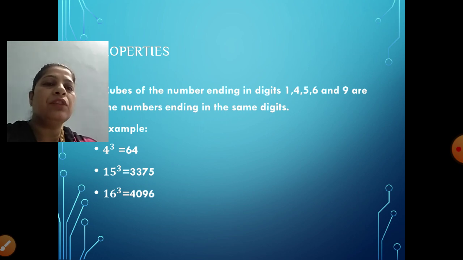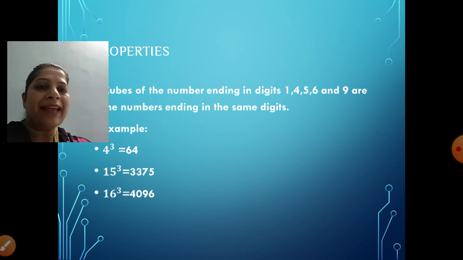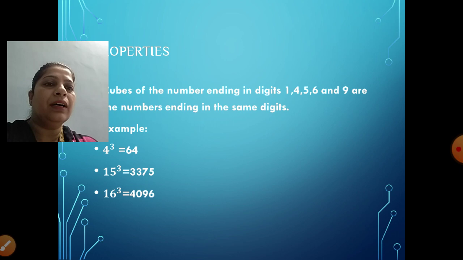The cube of 16 is 4096. As the unit place of the number is 6, the unit place of the number we get after cubing it is also 6. It means whenever there is 1, 4, 5, 6 or 9 at the unit place of a number, the cube number also ends with the same digit.